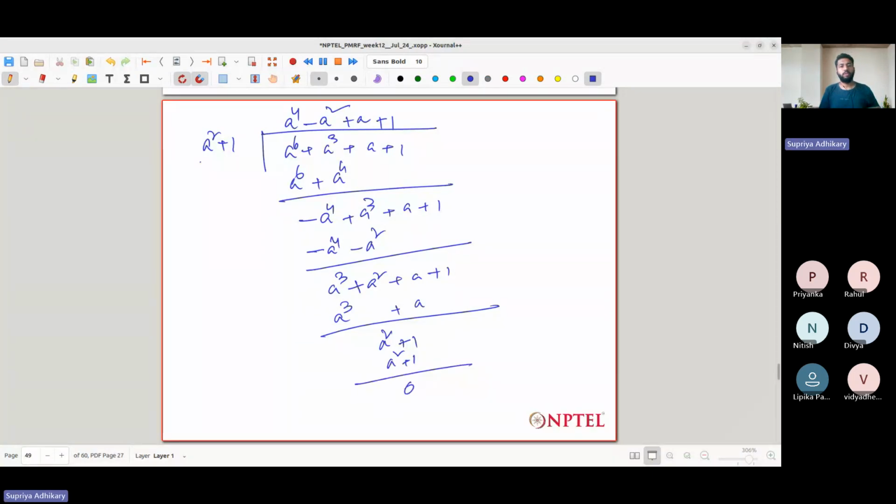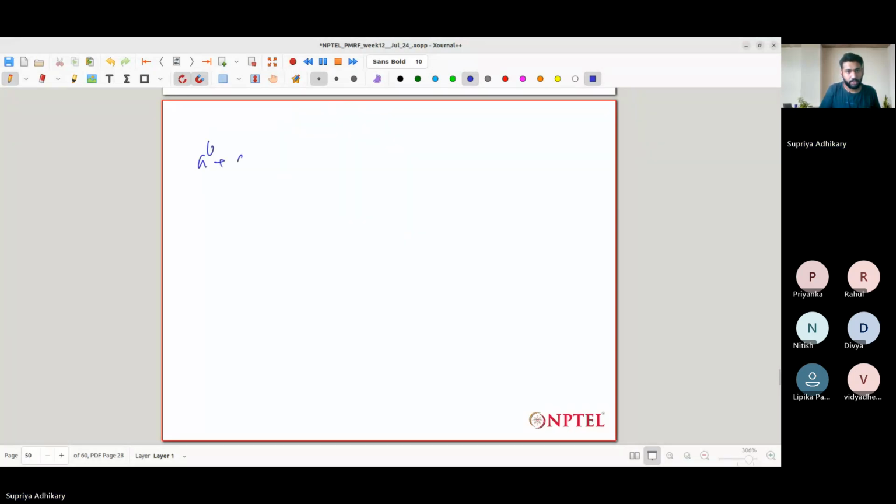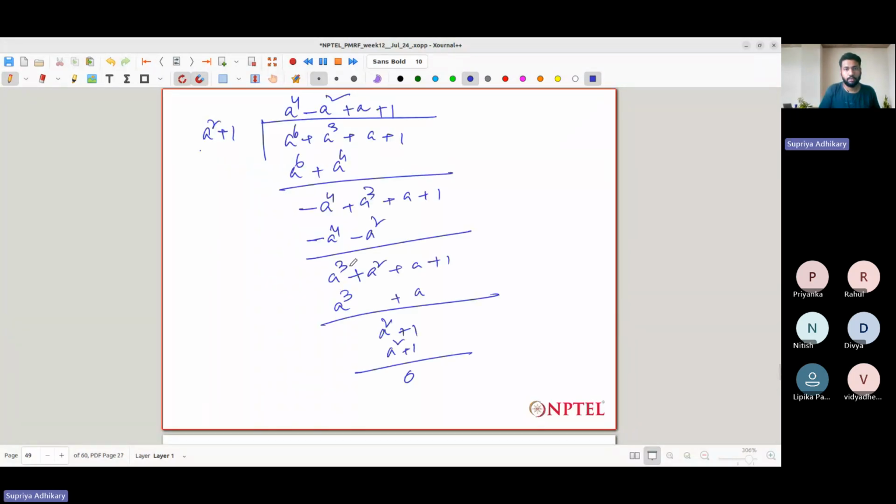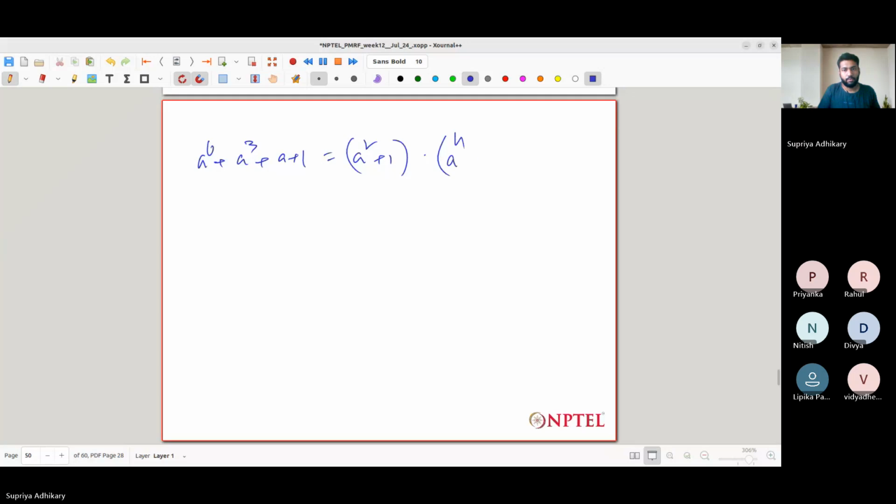So if we divide, then we can say that this a^6 plus a^3 plus a plus 1 can be written as the multiplication of a^2 plus 1 and a^4 minus a^2 plus a plus 1. And therefore, the r(x) is nothing but 0. The r(x) is 0 over here.